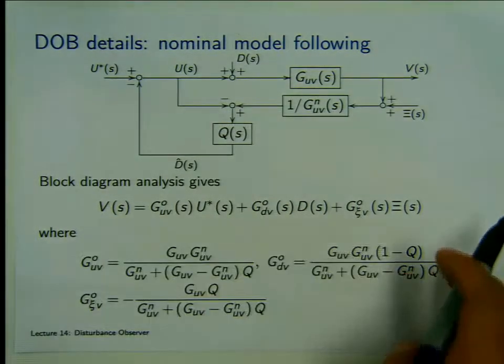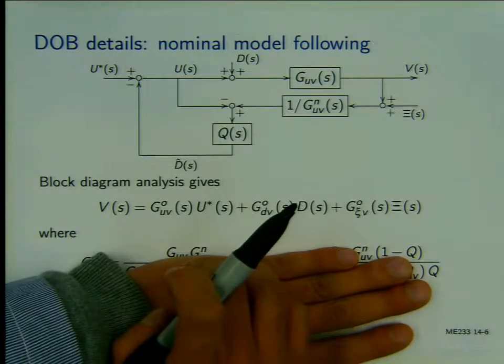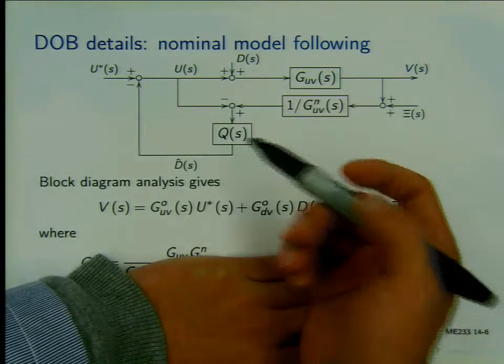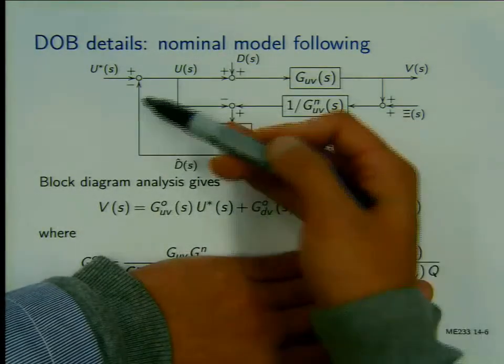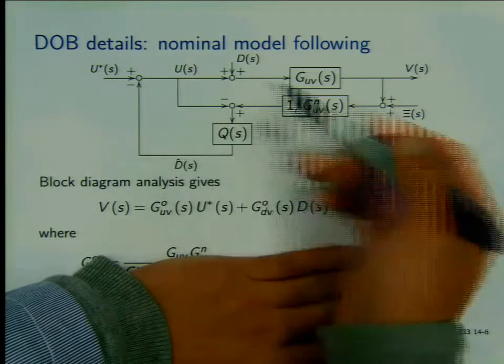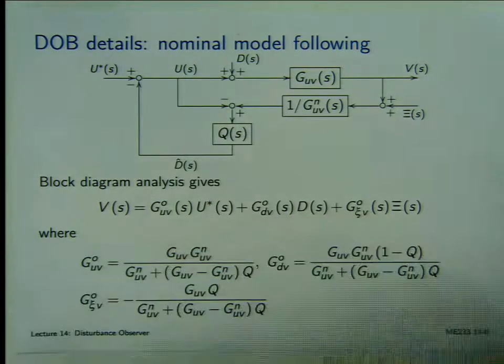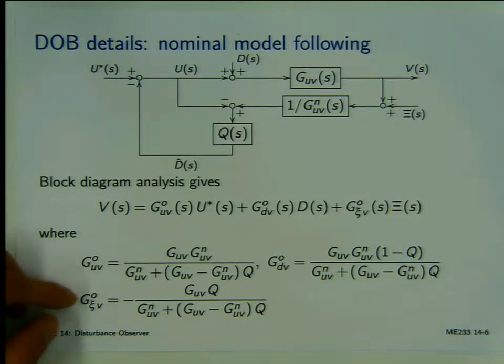Now, there are multiple ways to do this. In the reader, it's just a regular analysis. You write down all the signal components inside this feedback closed-loop system, and then derive the transfer functions. The results are listed over here.